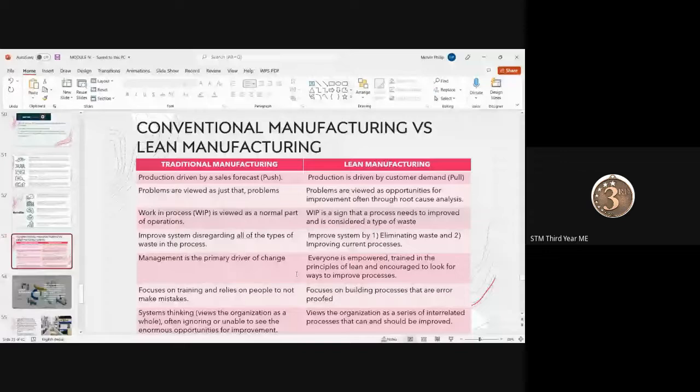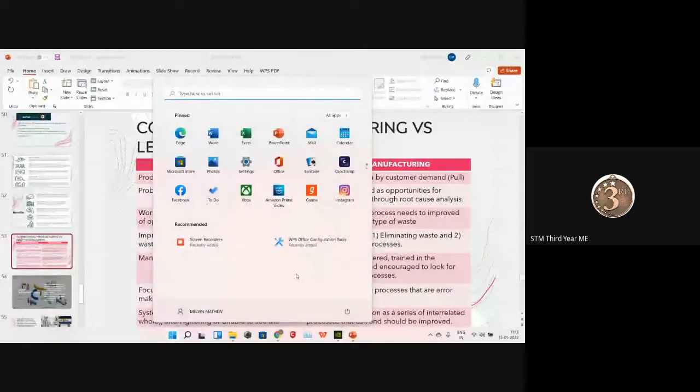Many processes are there, and each process is examined by many individuals in the organization, who find ways to improve the process or eliminate the waste. So these are the basic differences between traditional manufacturing and lean manufacturing.